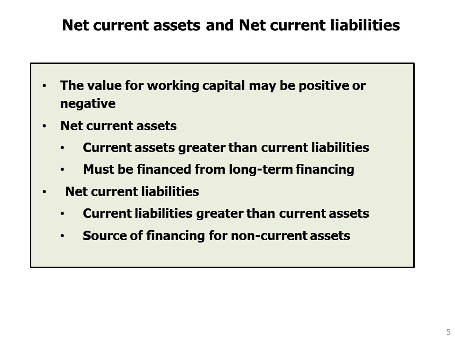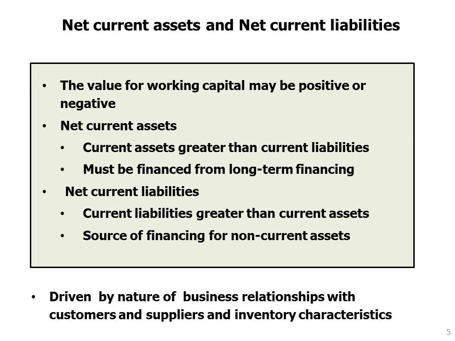Manufacturers, which tend to have slow-moving inventory and to sell their goods to customers on credit, often have net current assets. It's driven by the nature of the business relationship with customers and suppliers and inventory characteristics.